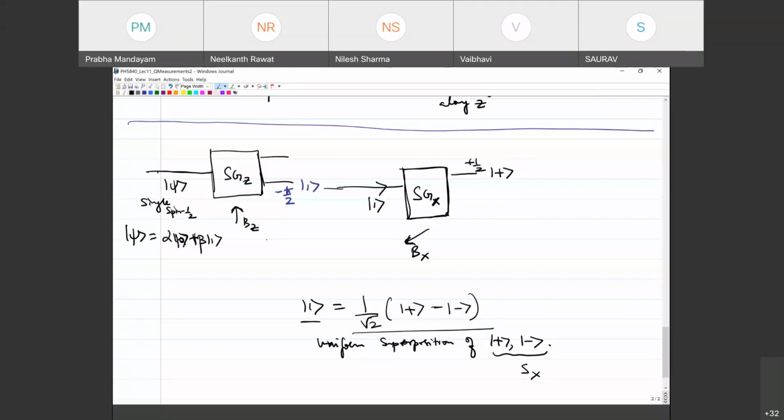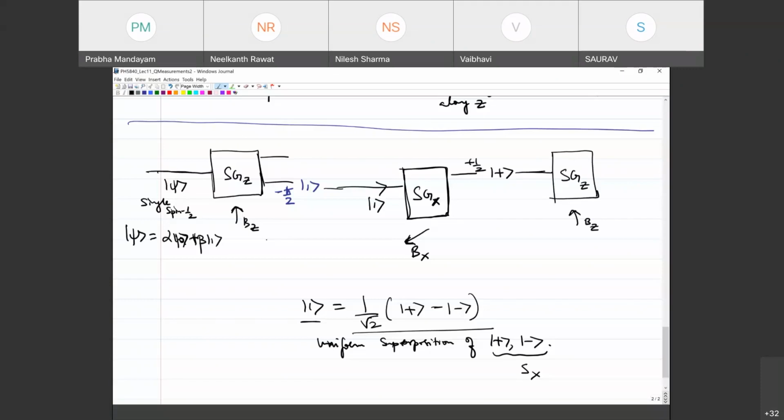What am I going to follow this up with? A Stern-Gerlach along Z. Now what do I expect to see? The input is now the plus state.